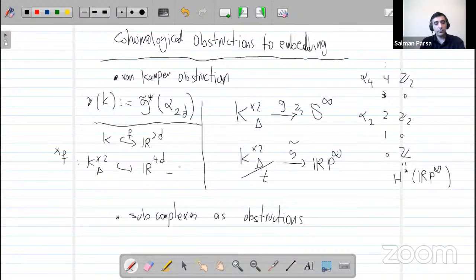The R to the 4D minus the diagonal. So the diagonal is this.